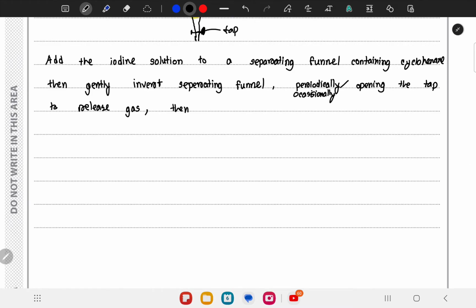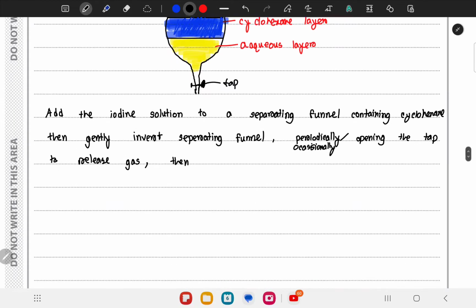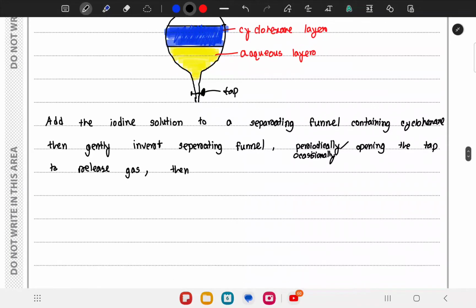Then we'll allow the layers to settle, so we keep the separating funnel at the same position for a while, allowing the layers to separate. After inversion, the layers will be mixed for a while, so we'll have to let it sit for a while.